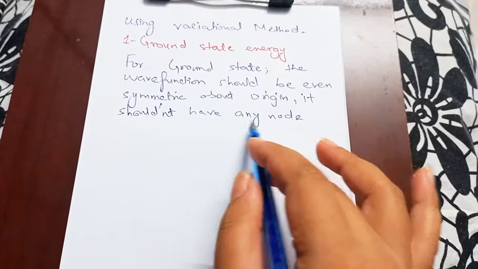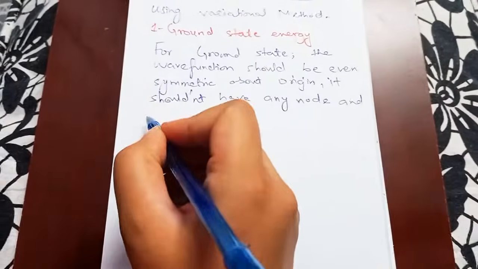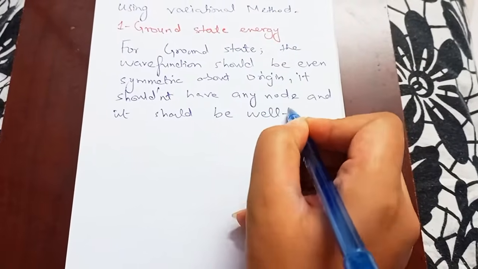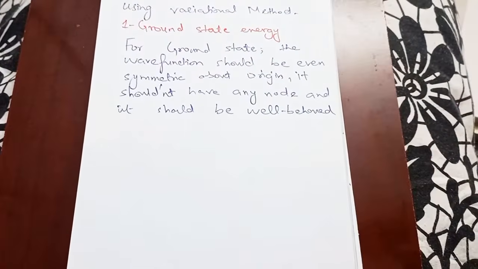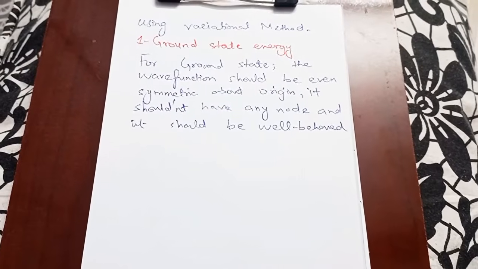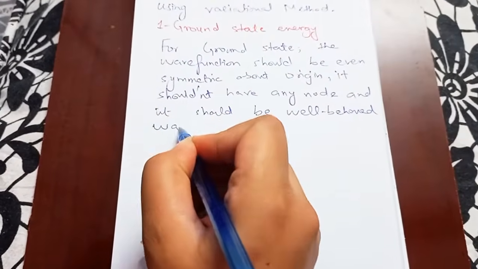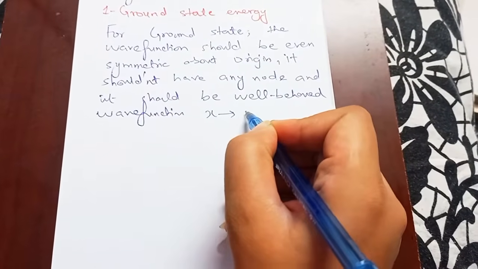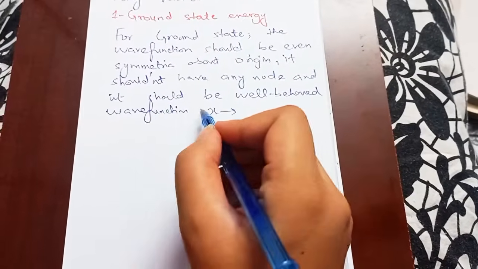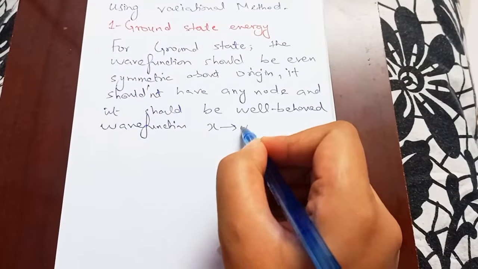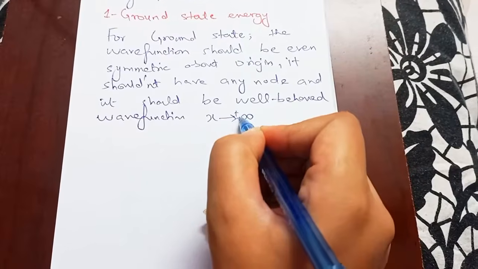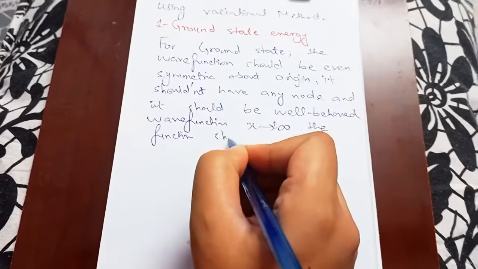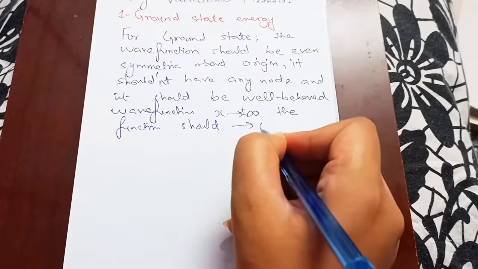So it shouldn't have any node, and it should be a well-behaved wave function, because well-behaved wave functions give us some beneficial information, and for that purpose, as x approaches plus or minus infinity, the wave function should approach 0.